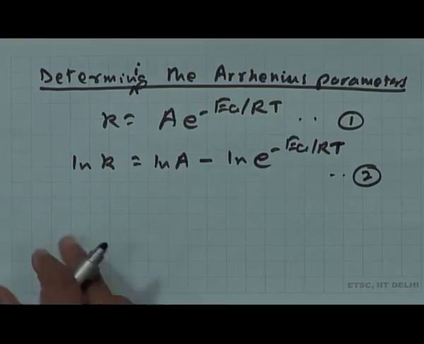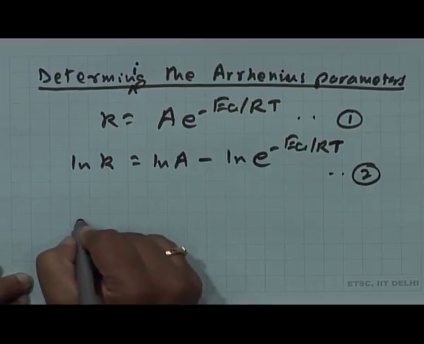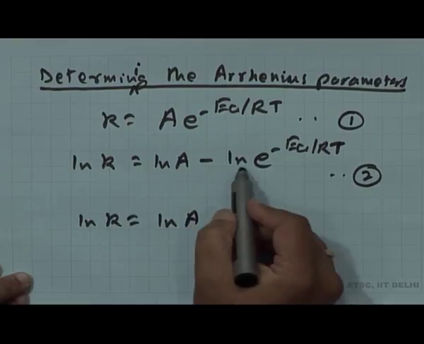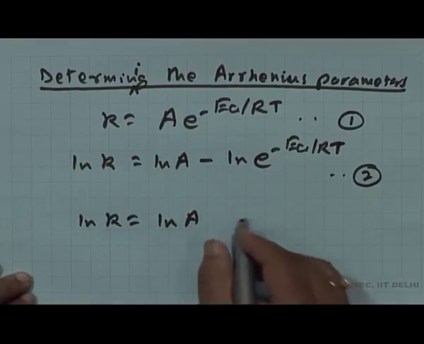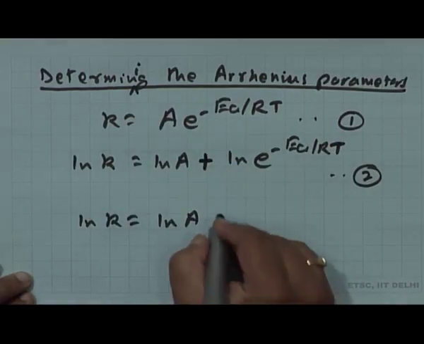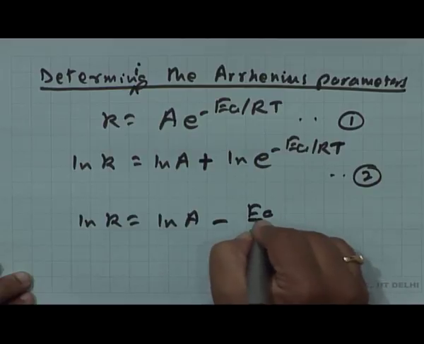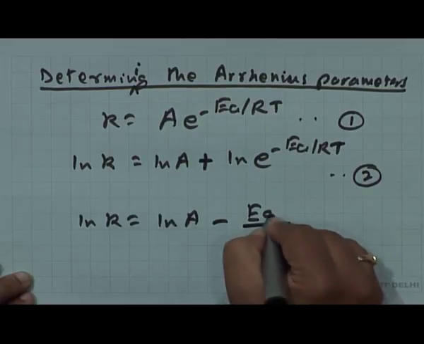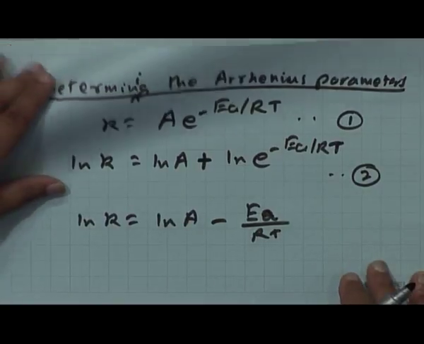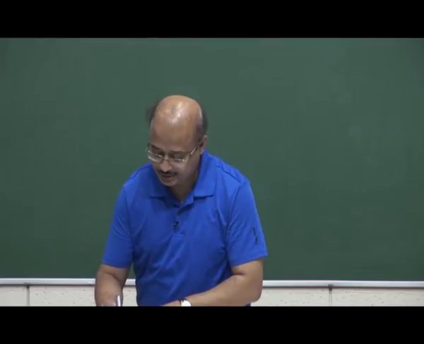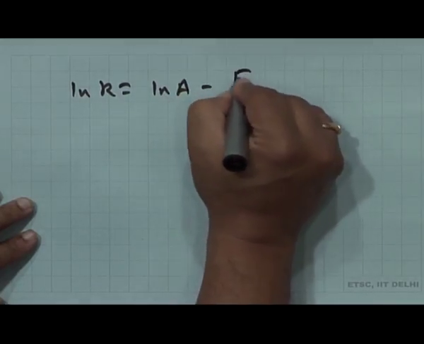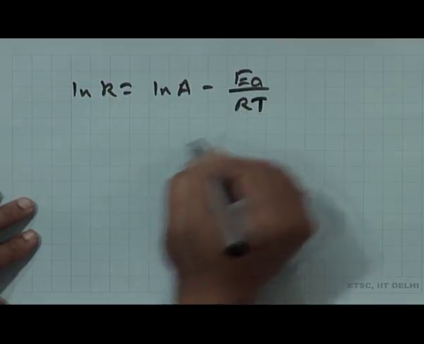Okay. Now when I have this, I can write again then that ln k is equal to ln A plus, so this one would become minus EA over RT. Okay. Or, so going over to the next page, natural log of k is equal to natural log of A minus EA over RT.